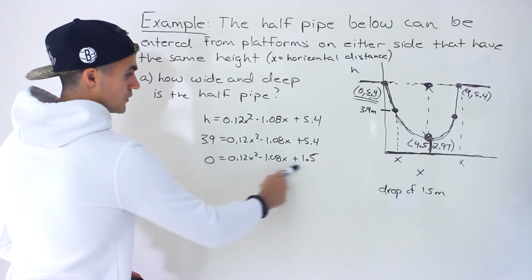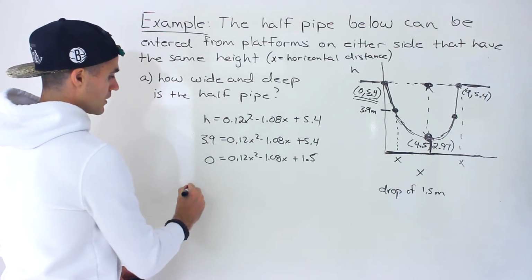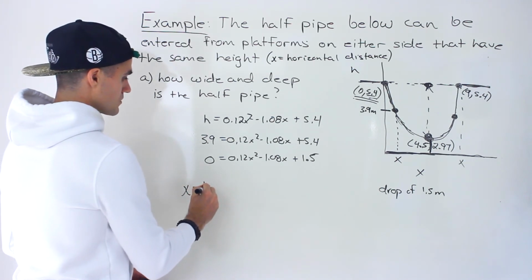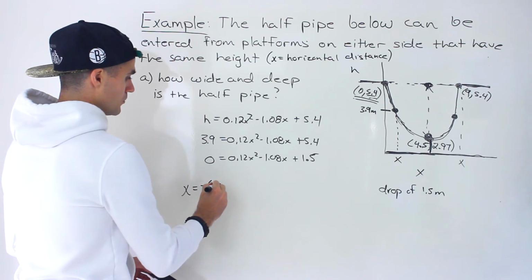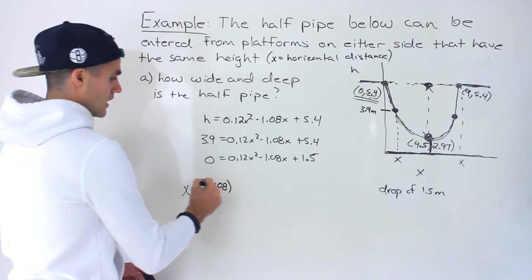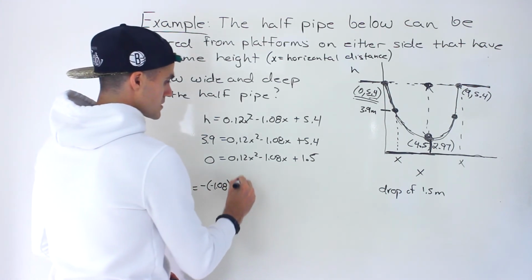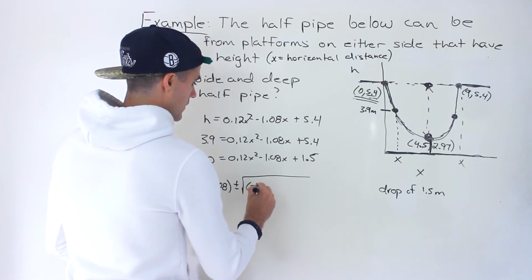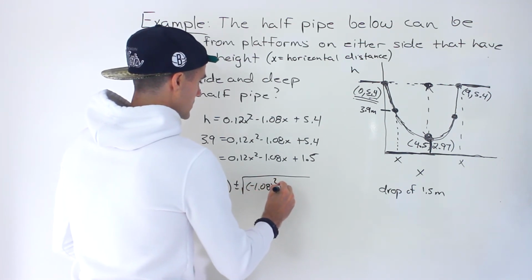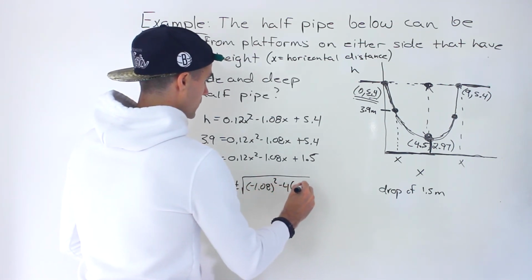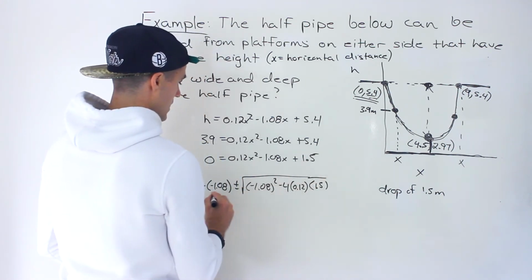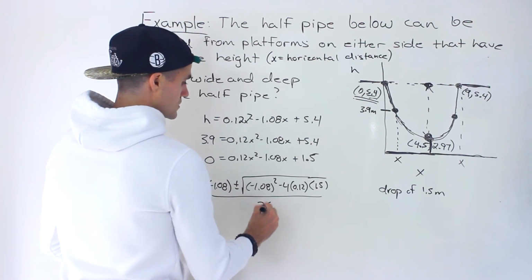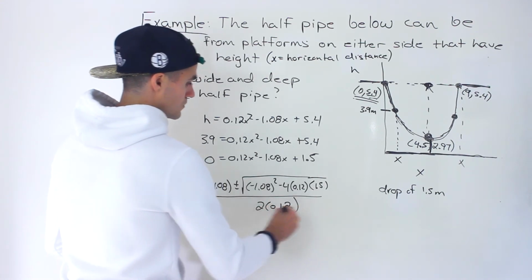And then from here, you could take all of these variables and just plug them into the quadratic formula. So we'll have negative 1.08, that's the negative b, plus or minus the square root of b squared, minus 4 times the a value of 0.12 times the c value of 1.5, there's an actual c value in this case, all over 2 times 0.12, like that.